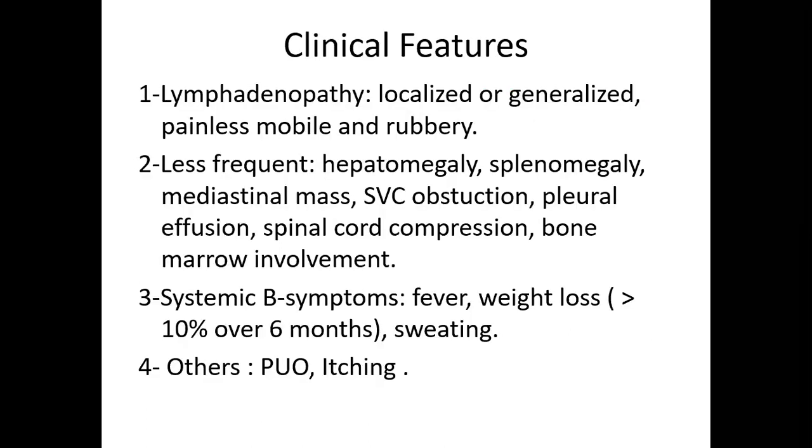The clinical features of Hodgkin disease, the most common presenting feature is lymphadenopathy, localized or generalized, and the lymph nodes are usually painless, mobile, and rubbery. The most common site involved is the neck, the mediastinum, and the axilla, but also abdominal lymph nodes and inguinal lymph nodes can be involved.